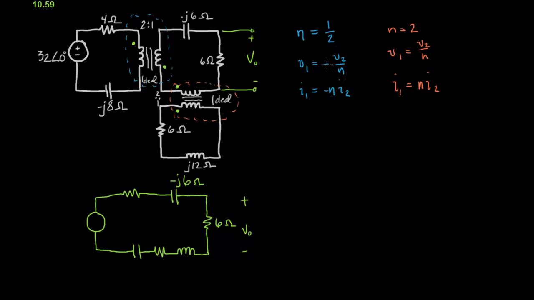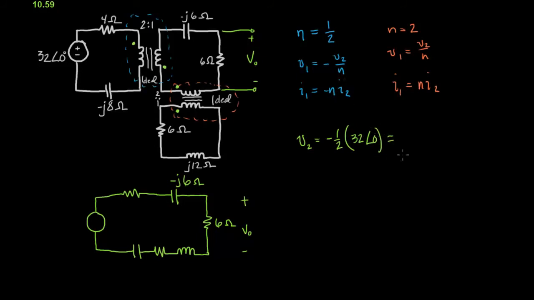So what we'll do is we'll multiply this side by negative n. So we get for our V2 equals negative n, and we'll just plug in numbers here actually. Negative n, which is negative 1/2, times 32 angle 0.